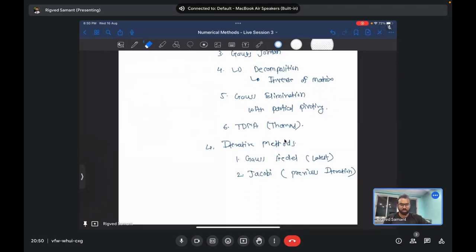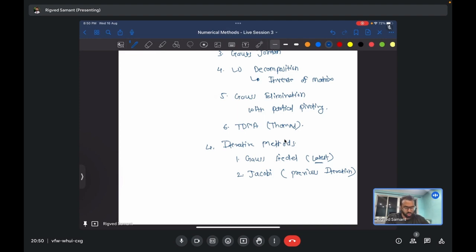So I was talking about iterative methods. In the Gauss Seidel method, you will always use the latest values of x, y, and z. In the Jacobi method, for the second iteration, you will use the x, y, z values of the previous iteration. Even if you get the x, y values in the current iteration, you will not use them. That is the only difference.